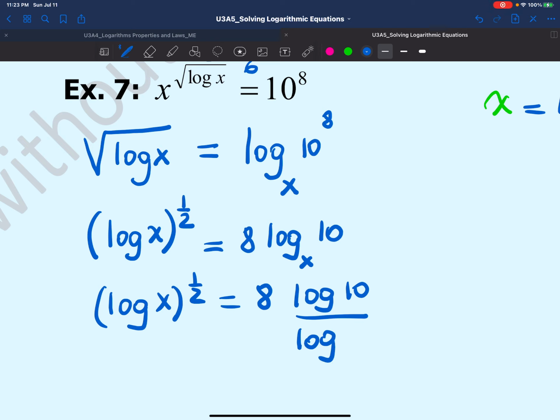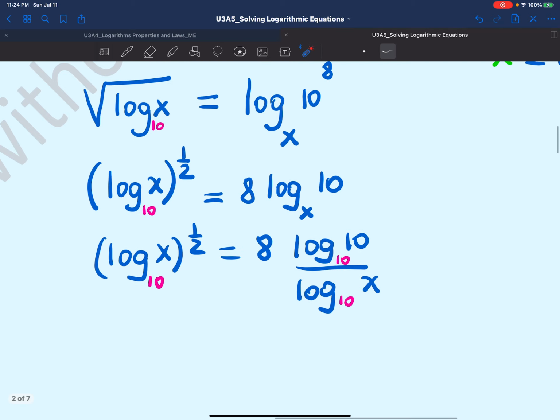And guess what base I'm using? The same base that we see here, which is the invisible base or the base 10. So as you can see here, this 10 will sit inside log and the x will be in the log, in the denominator. So we'll simplify it just a bit more.